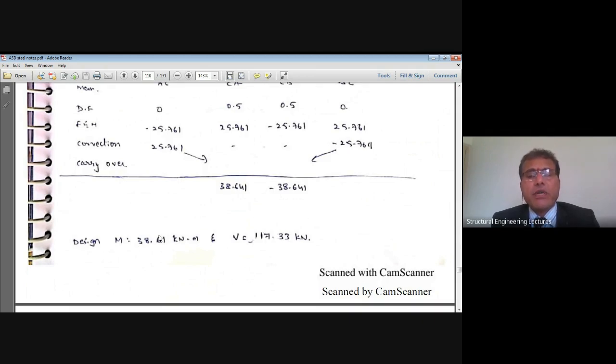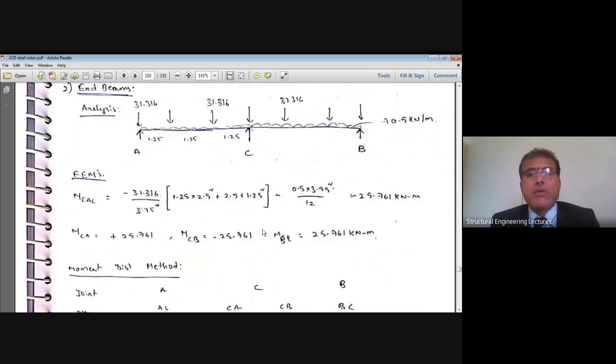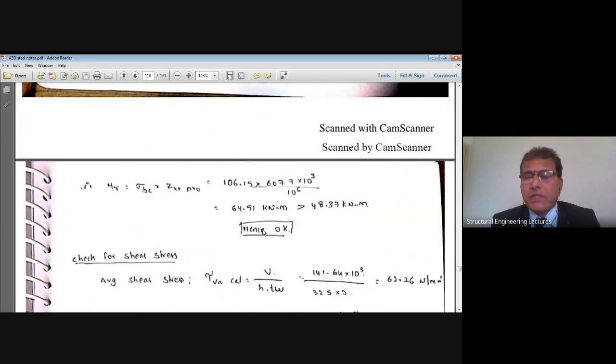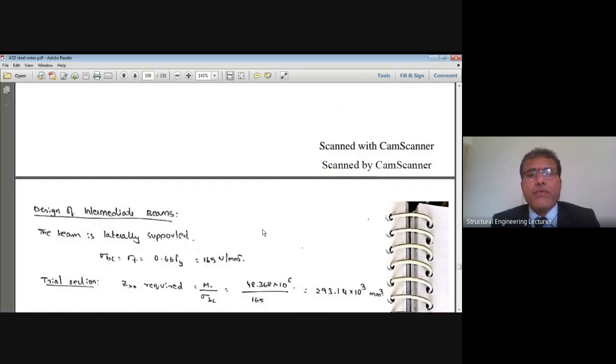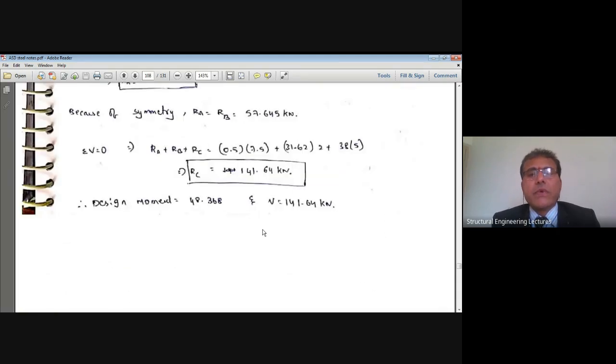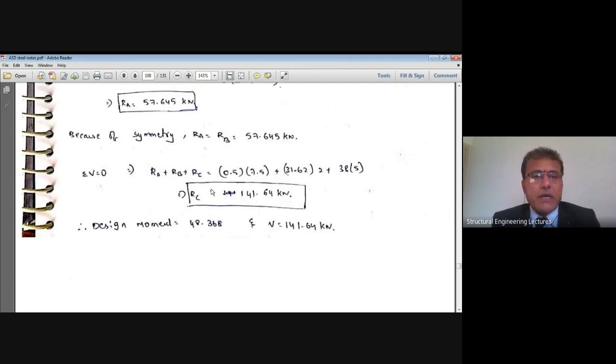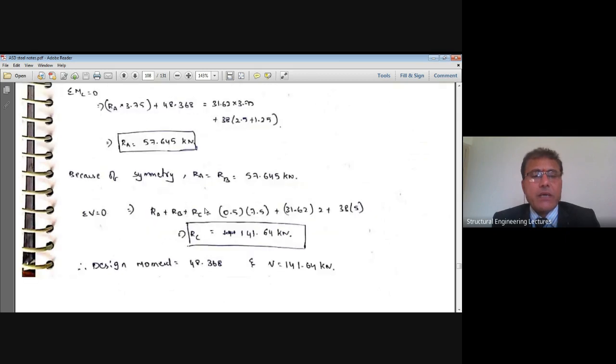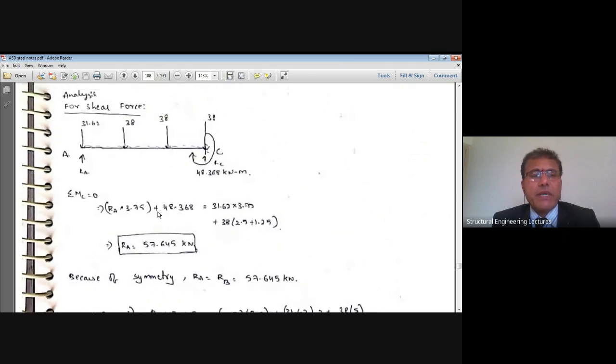Therefore, 38.61 and 117.33 compared to 48.36 and 141. Therefore, bending moment will govern the design. Hence, 48 is much greater than 38. Hence, the girder is governed by this 48.368 kilonewton meter.